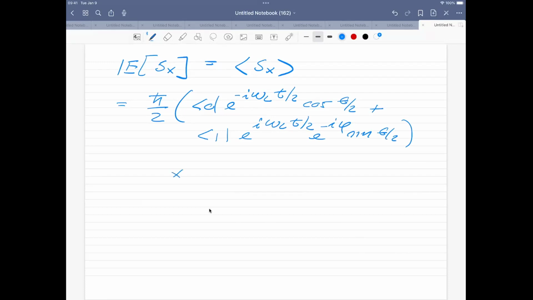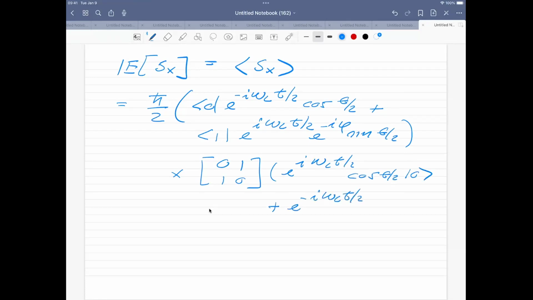So this has to be multiplied with the sigma x, which is 0, 1, 1, 0, like that. And this is again multiplied with the ket side. So that means that I have now to plug in e to the i omega L t divided by 2, cosine theta half, multiplied with this one, plus e to the minus i omega L t divided by 2, sine theta half, e to the i phi times 1, like that.